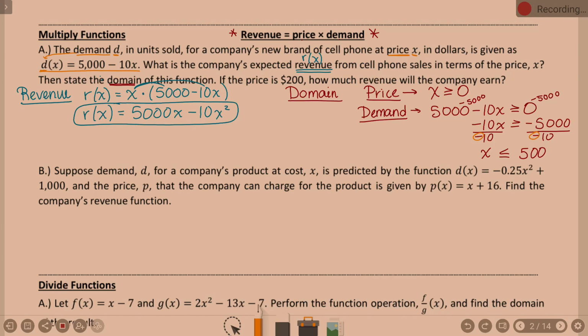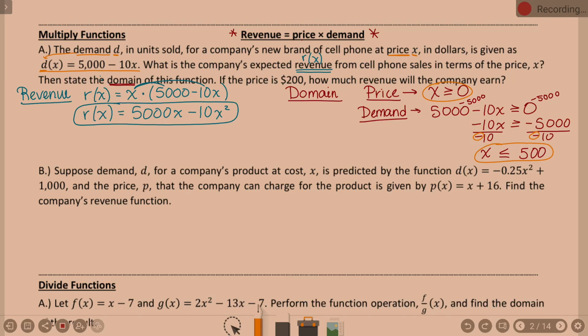Now, we have to put this together, guys. Overall, our domain, what do we know? Two things. One, x has to be greater than or equal to 0. What's the other piece I know? x has to be less than or equal to 500. So what's it have to be between? 0 and 500.